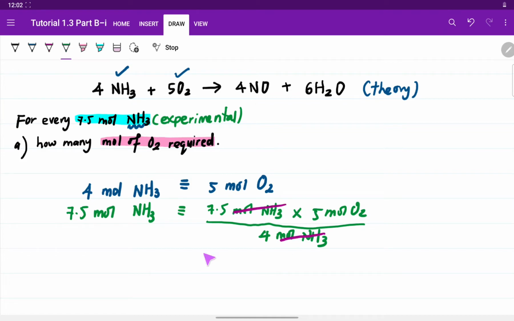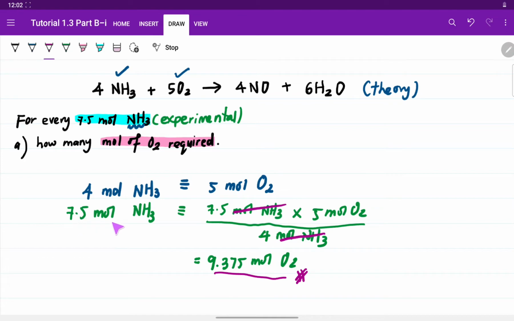Okay, so you will get the value over here. Okay, 7.5 darab 5 bahagi 4. So awak akan dapat nilai dia sebanyak 9.375 mole O2. Okay, so this will be your final answer over here.